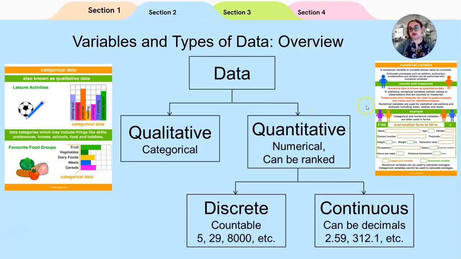But over here in quantitative numerical data, we have things like height, weight, salary, distance from work or home, or hours per week that you're working. In here we also have some categorical data like name, contact number, postal code, education level.